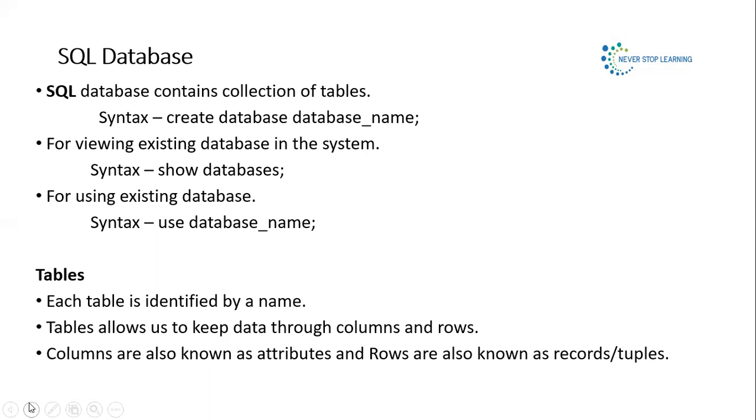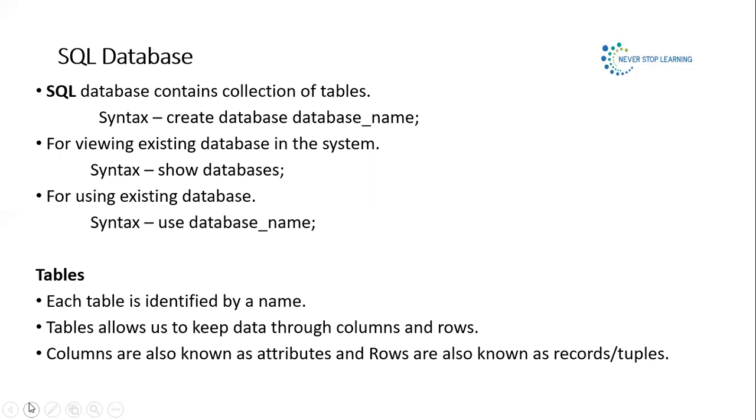For example, if I talk about a student, maybe all the details related to the student, such as his first name, last name, middle name, marks of different subjects, then address, father's contact number, his contact number, email ID, different semester marks, are all in a single table.